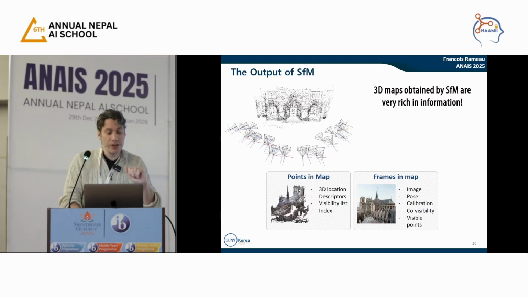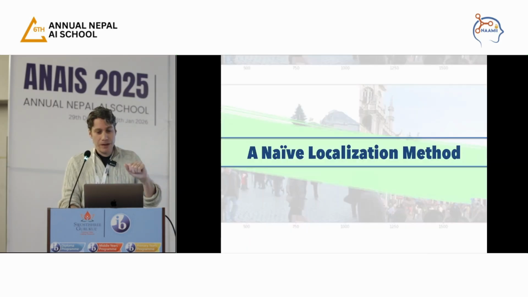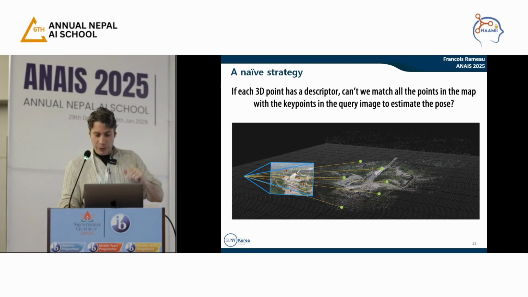So knowing that, we can now move to the simplest and most naive localization technique ever, okay? You will see that's a very stupid one, and we'll discuss that. Now that you know that the 3D point cloud can contain some descriptors, and that you can extract descriptors from an image, you're like, hey, I can match my 3D point cloud with my image, okay?